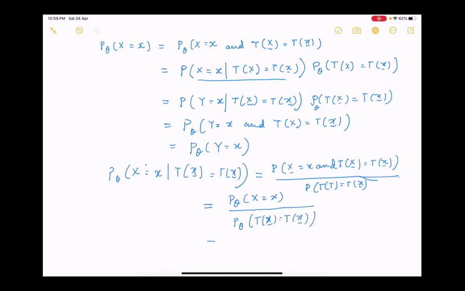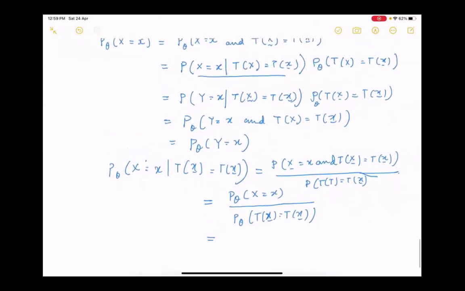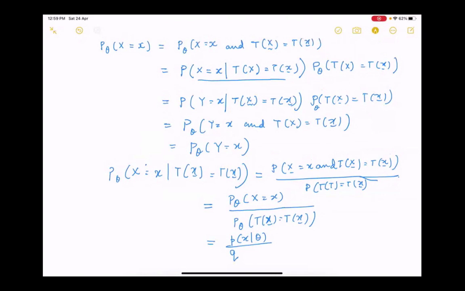So the entire thing can be written as P of x given theta, divided by the distribution of Tx given theta.